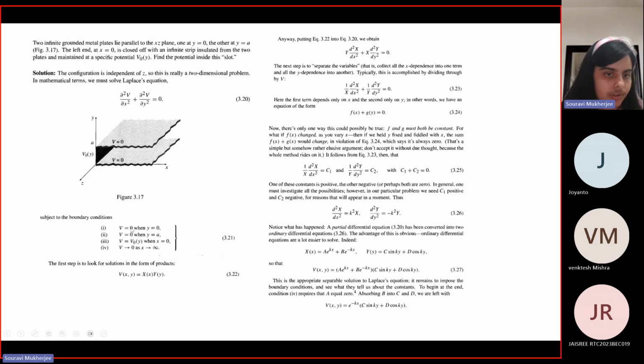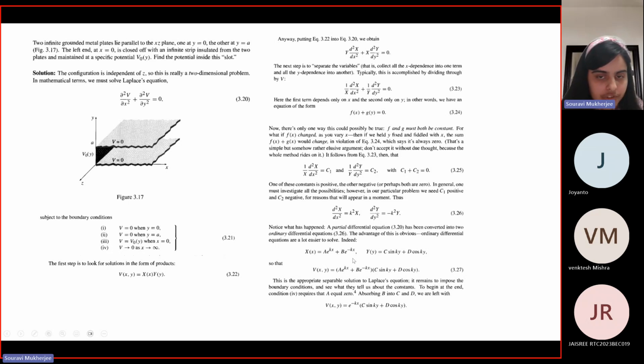Just look at these two boundary conditions, which say that the potential should go to 0 at y equal to 0 as well as at y equal to a, which means if it is a combination of exponential functions, this cannot happen, right? So that means the y term should have a minus k square constant. So that's how we choose the constant, one to be positive and another to be negative.